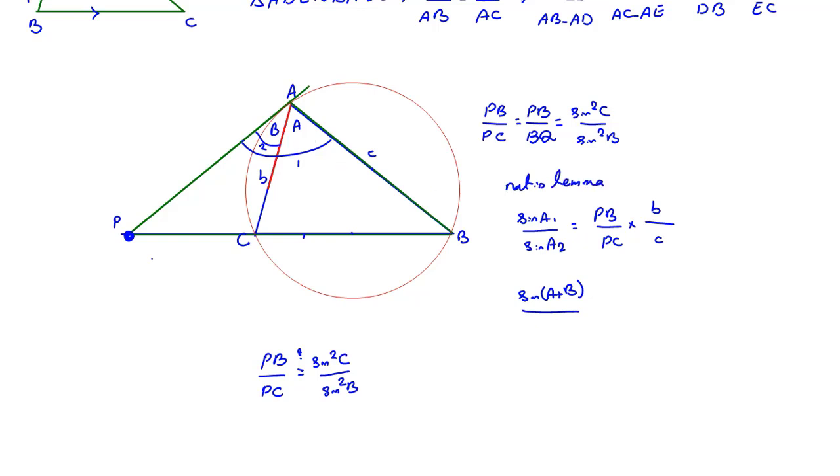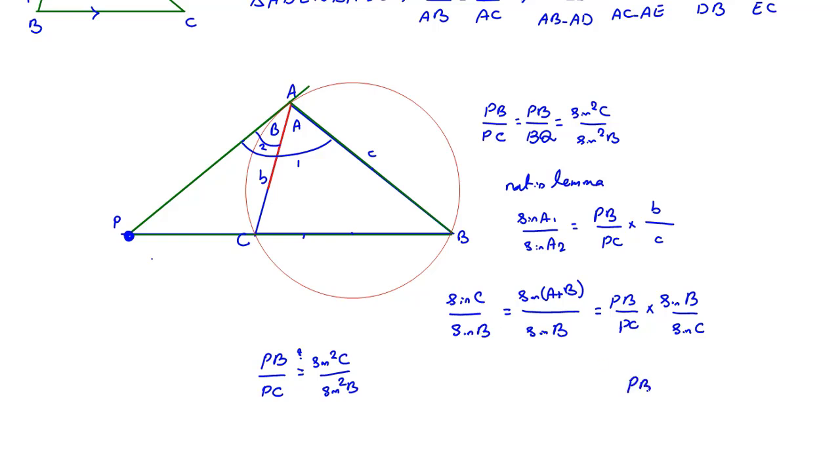Sine A2 is what? It is sine B, equal to PB over PC times sine B over sine C. Now A plus B plus C is 180, so it's equal to sine C over sine B.